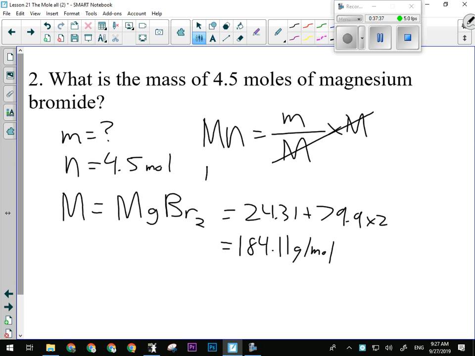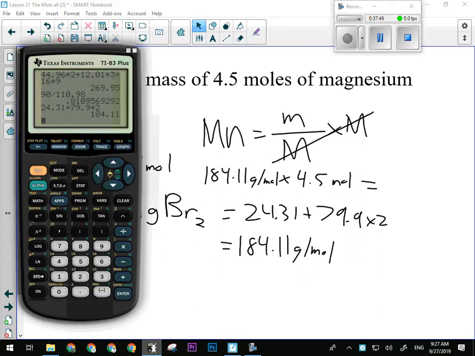So that'll be 184.11 grams per mole times the number of moles, 4.5. Okay, the moles will cancel and I'll be left with grams. Okay, so I'm going to have 828.50 grams of this stuff.